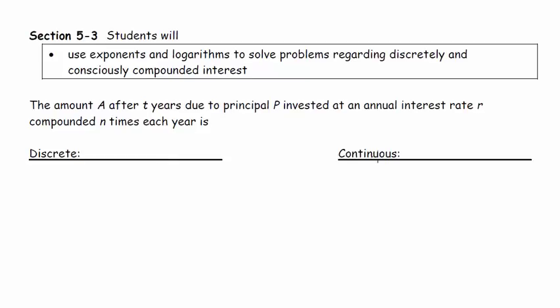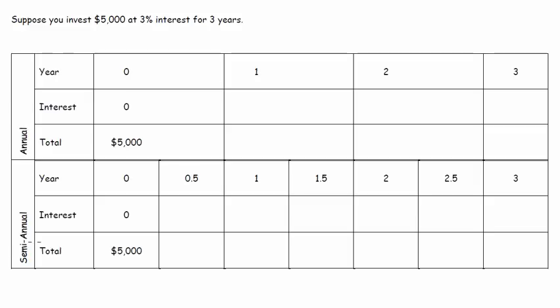So before I give you formulas here, I want us to see if we can motivate these by looking at an example, and then we're going to jump back to this slide and see if we can generalize this to some formula. Alright, so on the next page, in all of these cases we are investing $5,000 at 3% interest for 3 years.